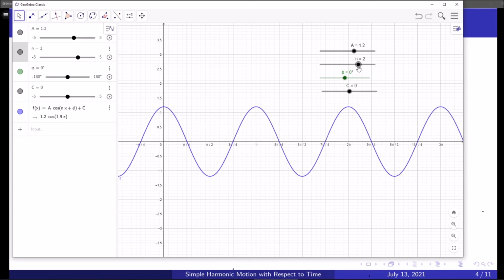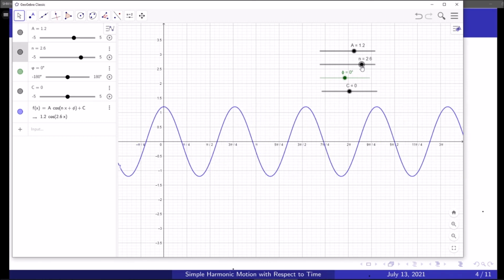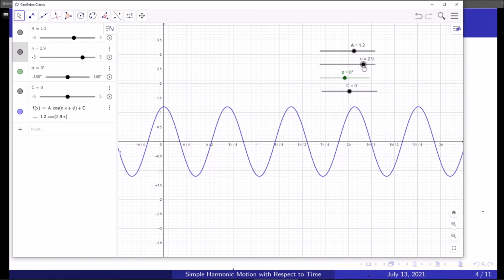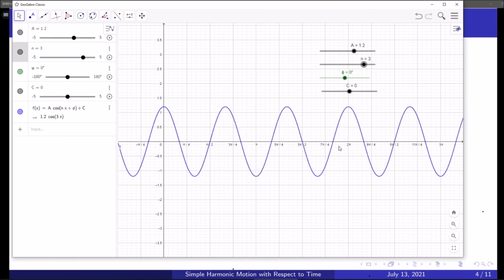So if we increase n to 3, as you can see here, in the space of 2 pi, it completes 3 cycles. So it basically just tells you how many cycles are completed by our function in a span of 2 pi. Of course, phi is the initial phase.